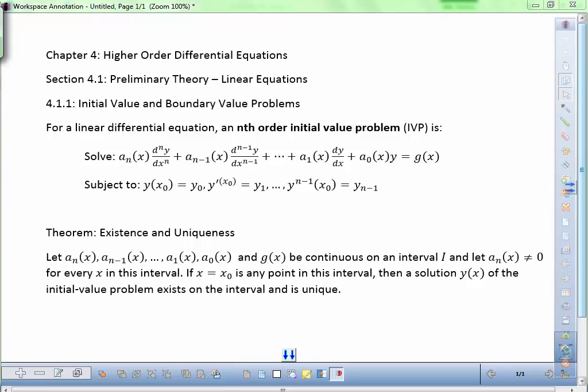So we have a differential equation written this way, where we have some function of x times the nth derivative of y, and then another function of x times the n minus first derivative of y, until you get just to the first derivative and then y itself.